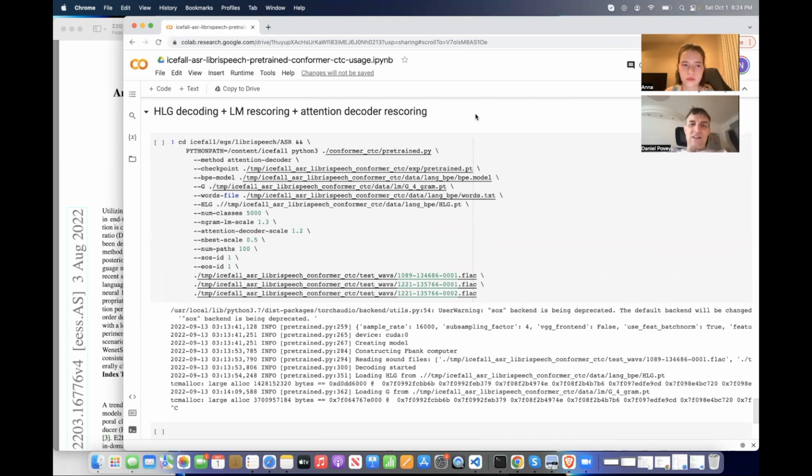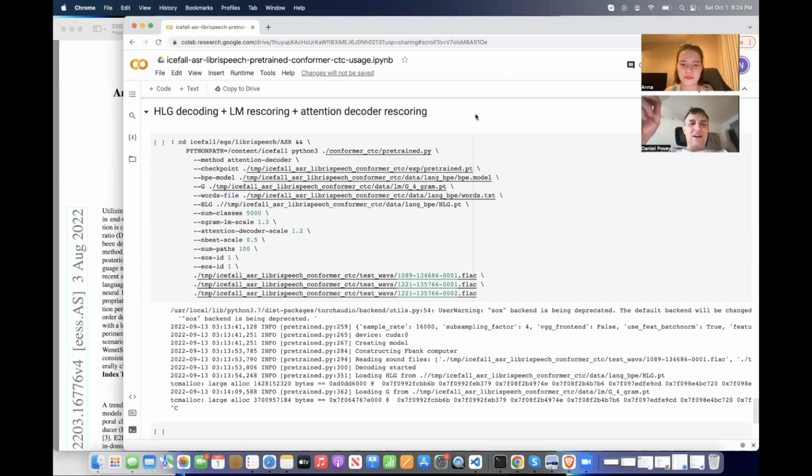Now, this is a lot faster in terms of latency than actually doing step-by-step attention decoder rescoring, because if you do the step-by-step thing, you have to reevaluate the neural net for every new length of the utterance, and basically it's easiest to just evaluate the whole sequence each time, which is a lot of wasted computation, and it's super slow.